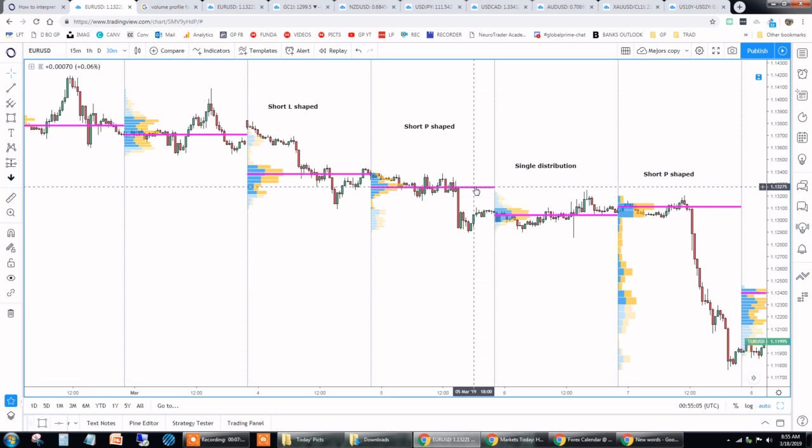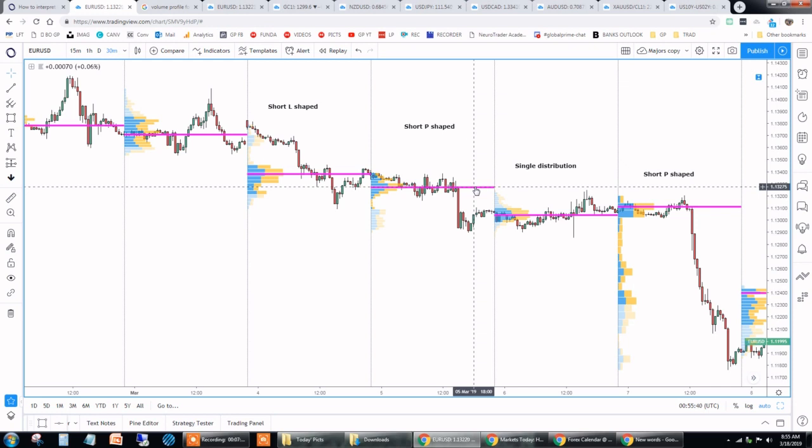You're going to be surprised how many times this point of control really acts as a wall on a retest, or it can help you massively in the reduction of your stop loss size by just placing stops on the other side of the point of control. Traders, not only at a retail level, but at institutions and major hedge funds, are really tapping into the power of this point of control, and it has a tendency to act, as I said, as a very powerful area of support and resistance.